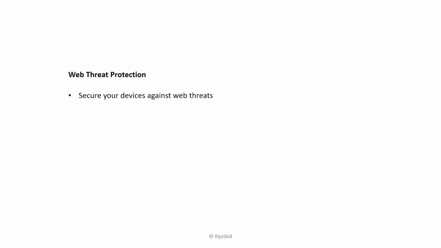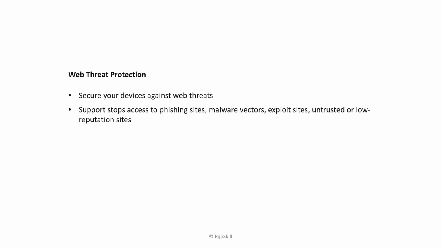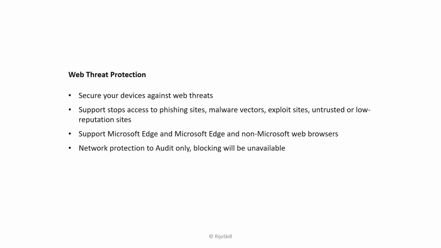You can see here, it secures your device against web threats and supports stopping access to phishing sites, malware vectors, exploit sites, and untrusted or low reputation sites, supporting Microsoft Edge and non-Microsoft browsers like Google Chrome or Firefox. For non-Microsoft Edge browsers, they also provide network protection in audit only mode; blocking will be unavailable.